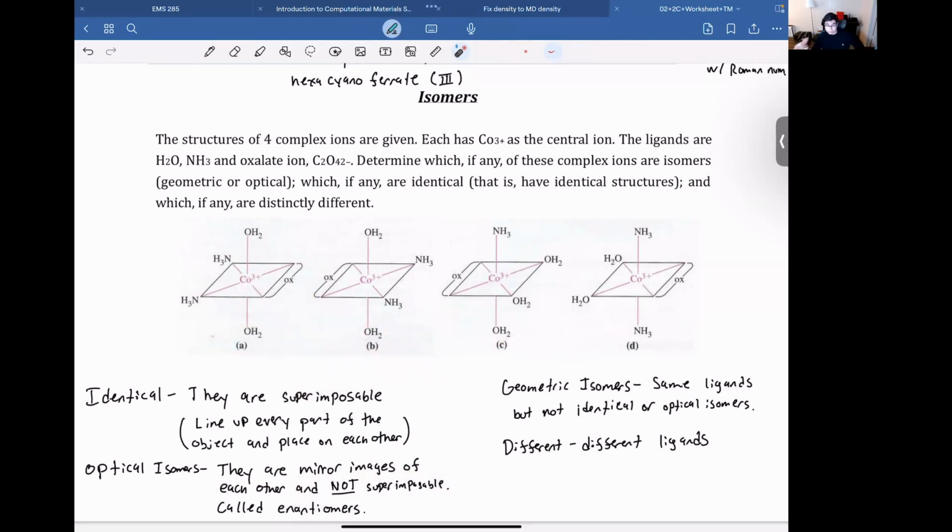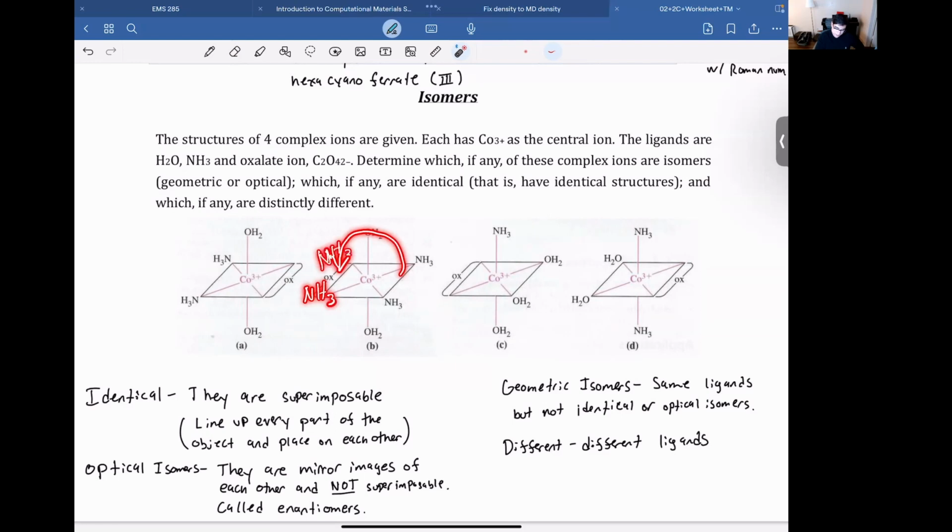You rotate them around and you basically line up the groups that you can. And if they are superimposable, it'll be pretty clear once you line up two groups, I think it's two or three groups, everything else has to fall into place. And if they don't, they're not going to fall into place or line up, and they're not superimposable. If I were to go ahead and pancake flip B, I would end up with my NH3 groups over here.